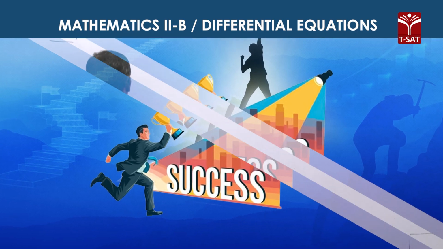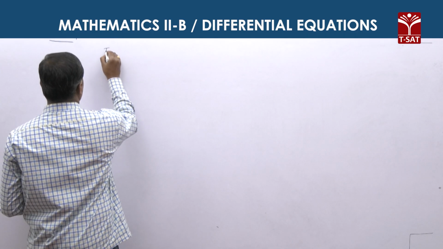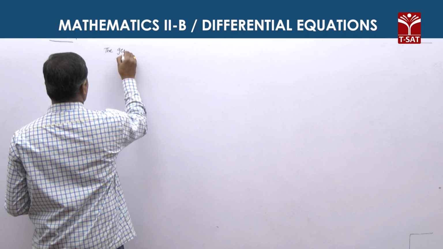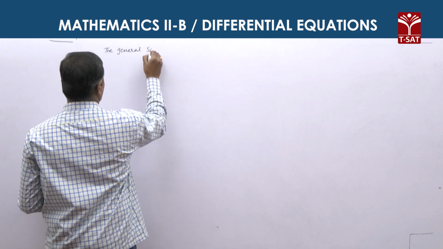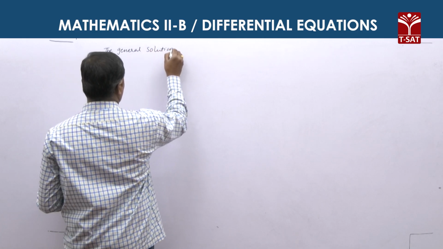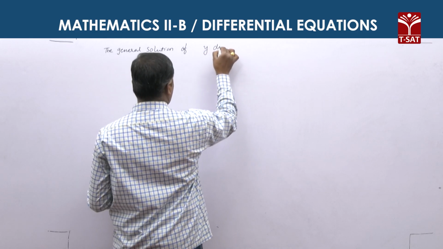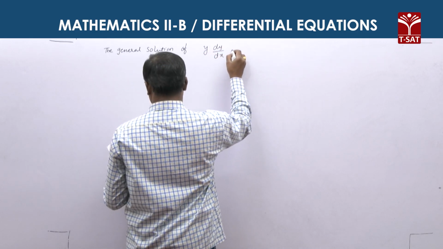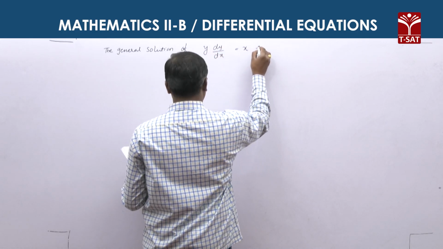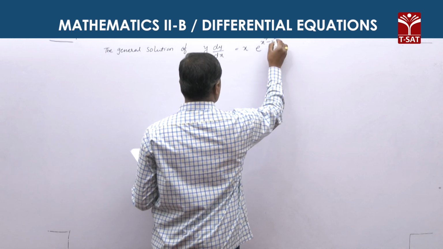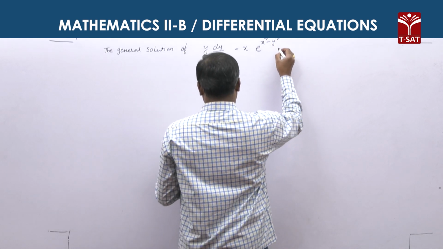Next question: the general solution of y into dy by dx is equal to x into e power x square minus y square is.